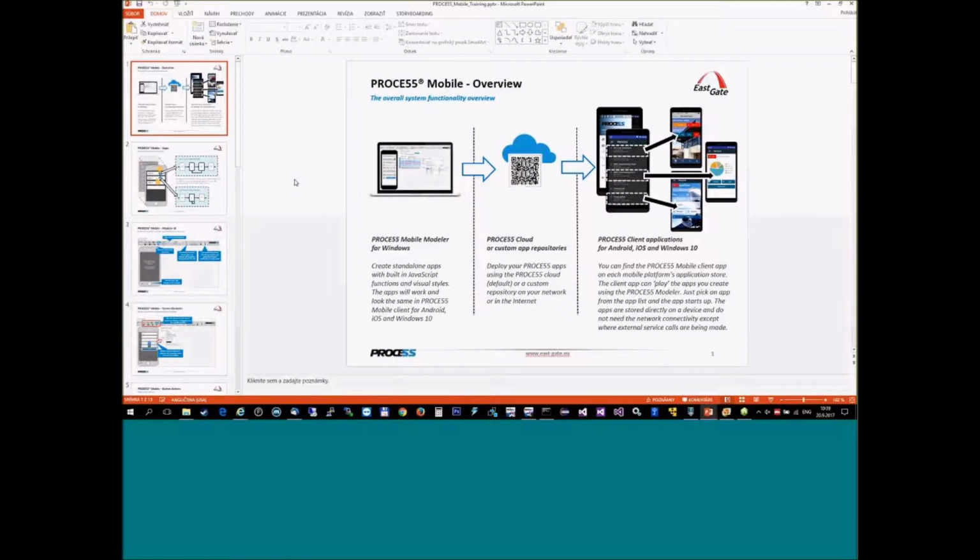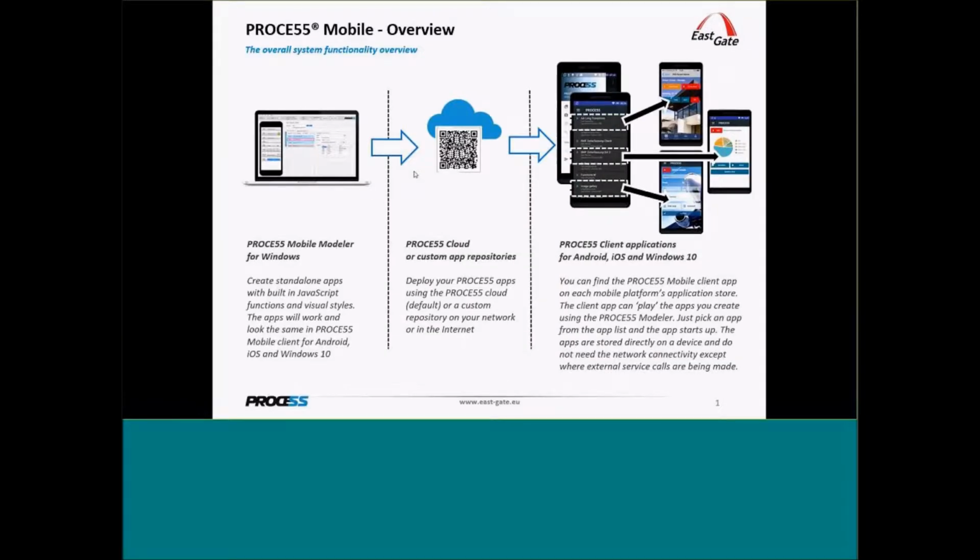So, I would like to give some overview of which components the system is composed of. It means that the PROCE Mobile suite consists of the modeler. I don't know if I should make it bigger, or you can see it well also in this mode, so we can easily switch between slides.